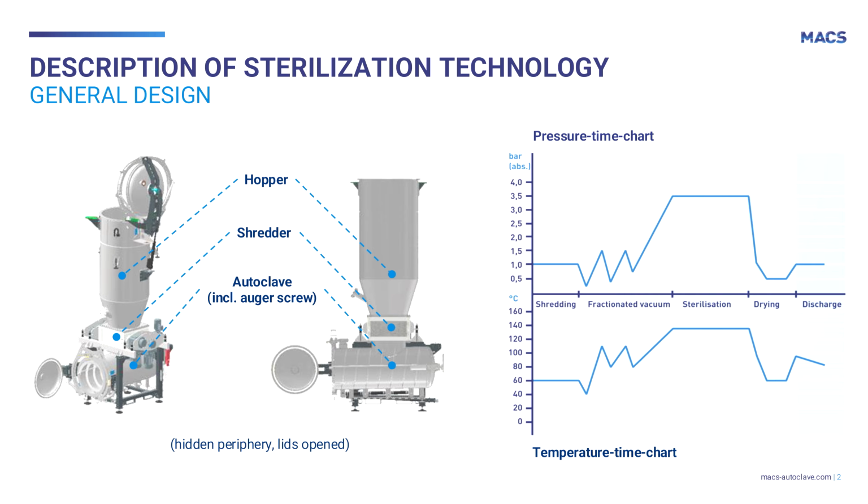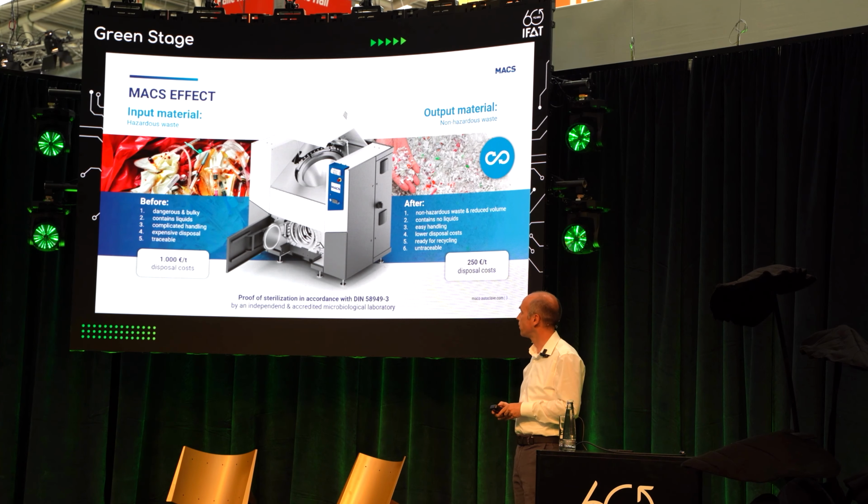And after the sterilization phase, this is the horizontal line in the graph on the right side, we're releasing the overpressure. We're creating another vacuum again to get some moisture out of the waste. And then we have a pressure equalization again, and then the lid of the autoclave opens and the auger screw feeds the material out of the machine.